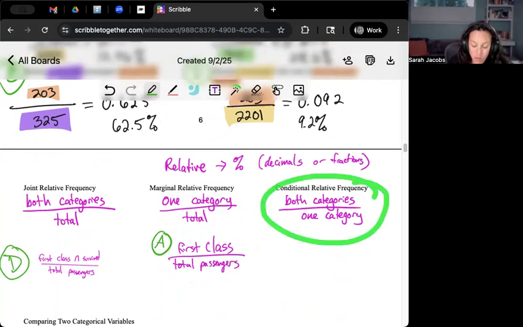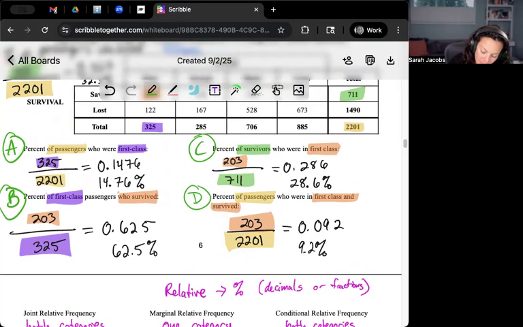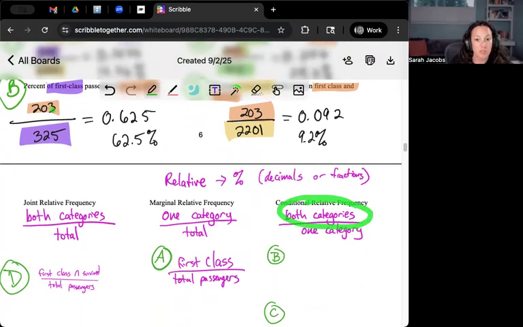Now, for our conditional relative frequency, we have both B and C. I think you figured that out by now. So the key here is this is conditioned on surviving. C is about of the survivors, what percent were in first class. B is conditioned on class. So of the first class passengers who survived. So both of them have the same numerator. Both of them have that both categories numerator.